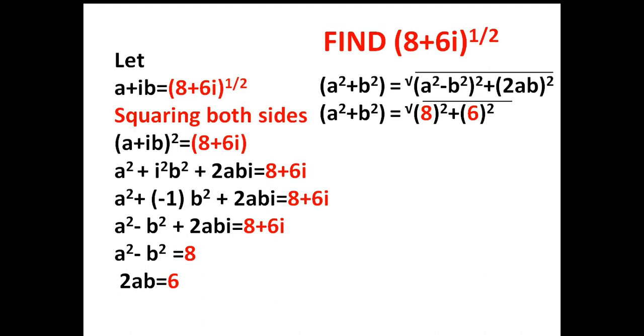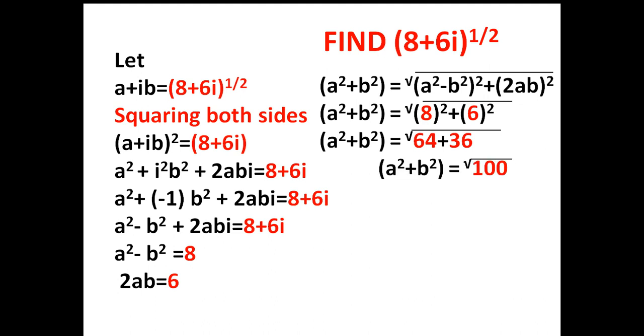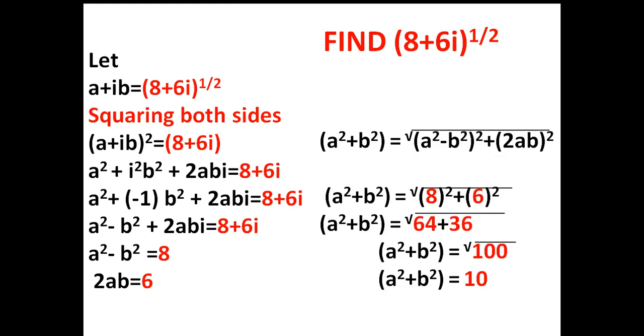Now we will perform the squares: 8 times 8 is 64, 6 times 6 is 36. The sum of 64 and 36 is 100, and the square root of 100 is 10.